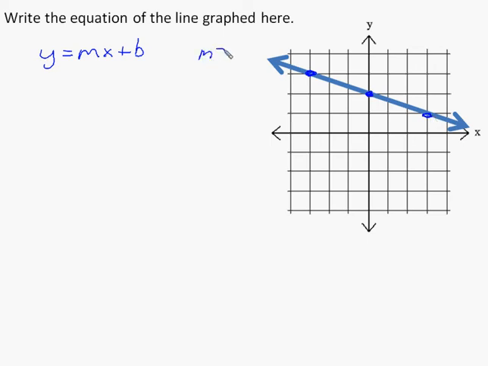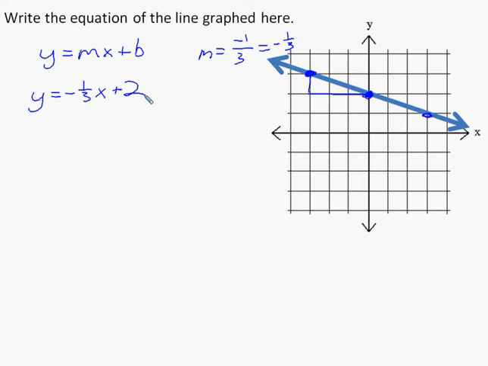We start at a point, go down 1, so that's a negative 1, and go right 3, so our slope is negative 1/3. And so we can write the equation y equals negative 1/3 x, and we see that our y-intercept is a positive 2. So there it is in slope-intercept form.